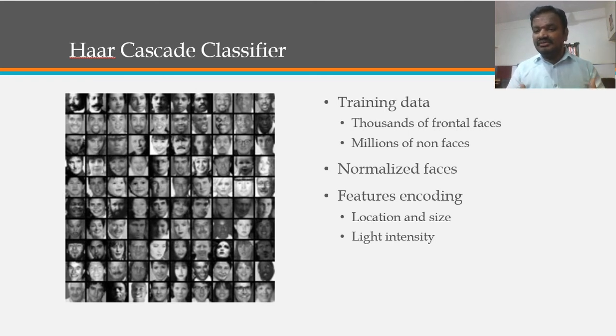The training data contains thousands of frontal faces and the negative images, such as backgrounds and different things, so that we can detect the face in any conditions. It has normalized faces, and feature encoding such as location and size of the face and the light intensity used to capture it. All of this is fed to create the Haar cascade classifier XML-based data that we will see.